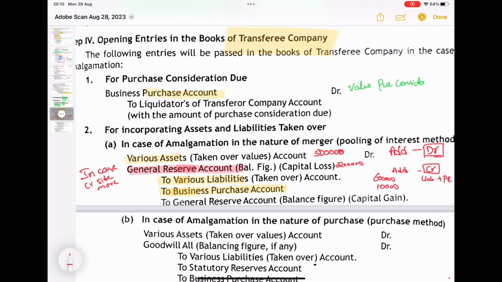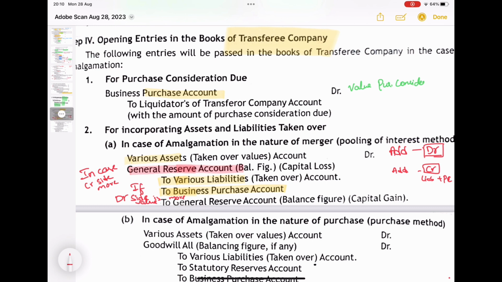In case of credit side more, suppose if your debit side value is more, we are going to write it in the credit side.